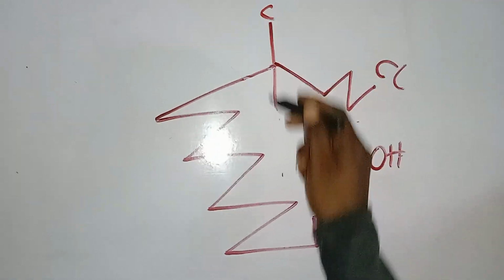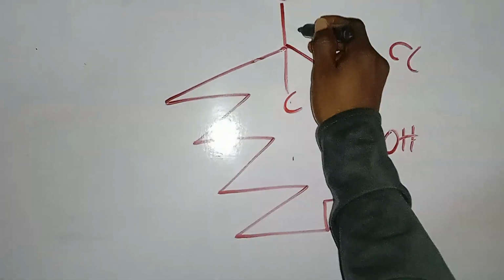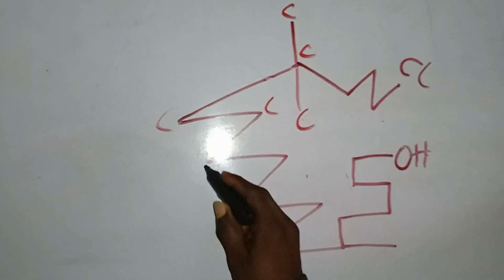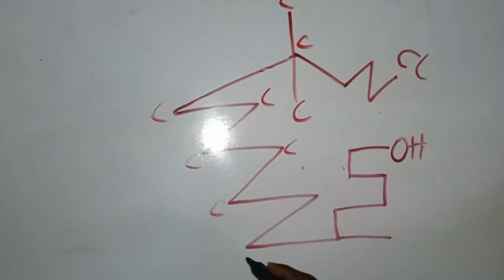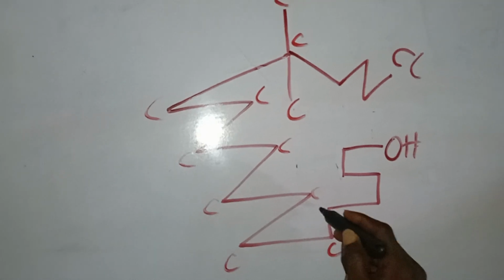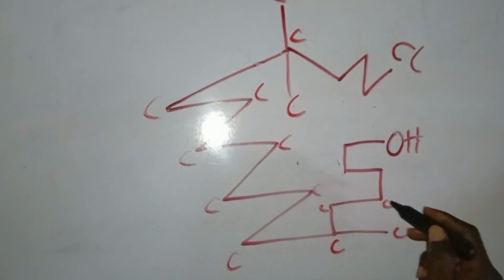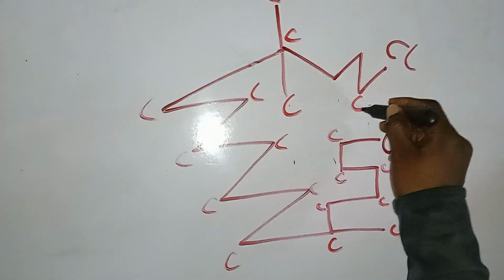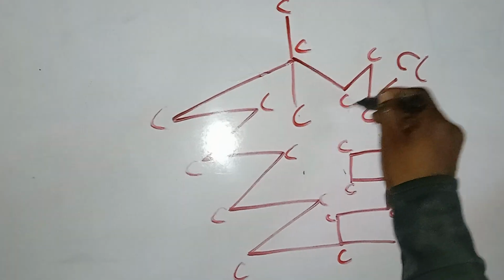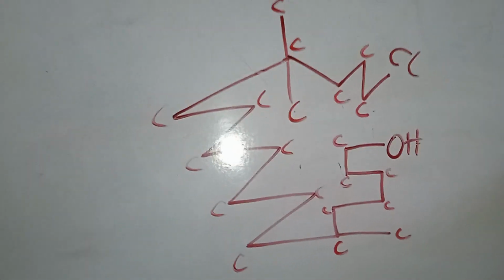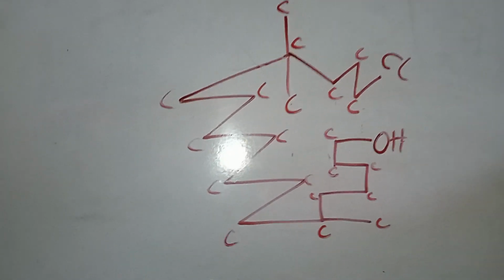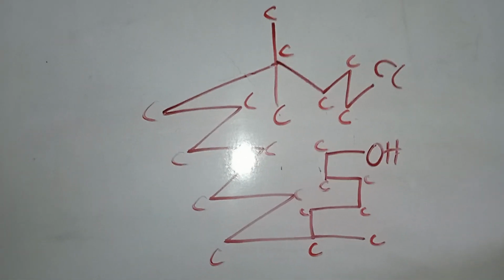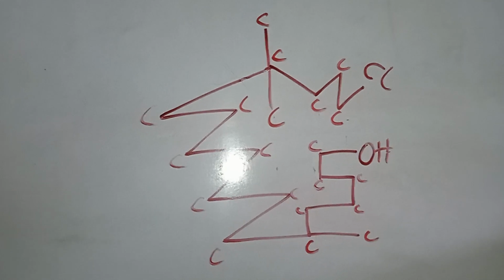So there's carbon here, there's carbon here, and so on at every point. For every break or every point out, you need to know that there is a carbon. Now once you know this, the next thing is to check the longest carbon chain.